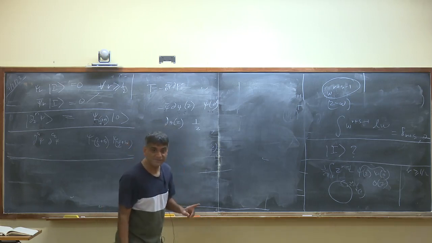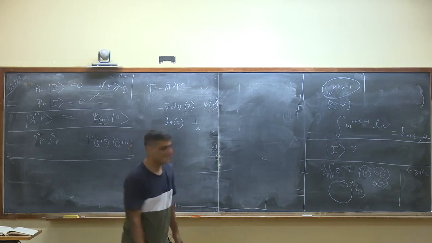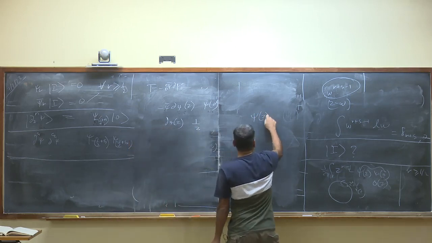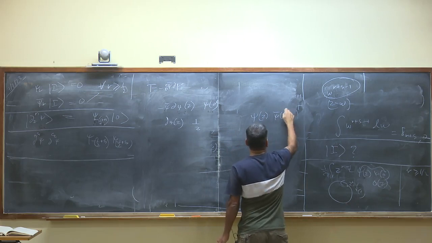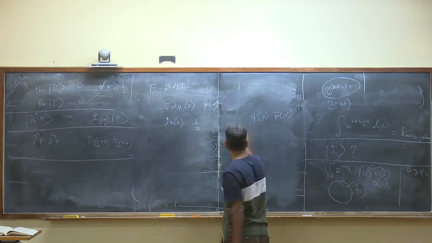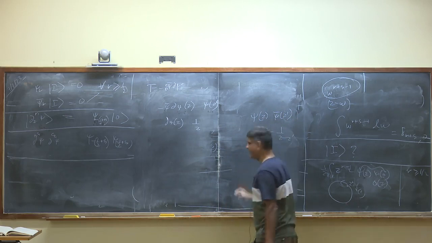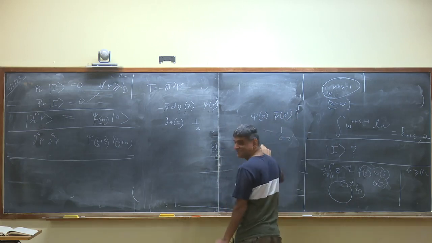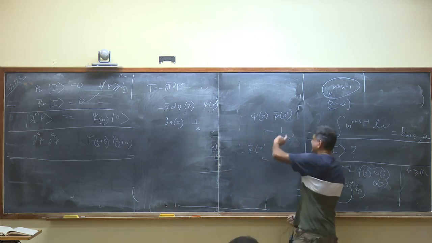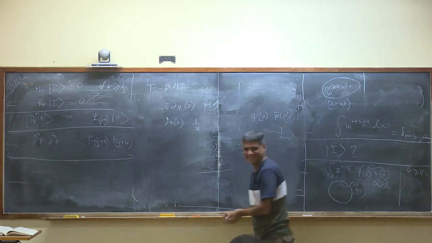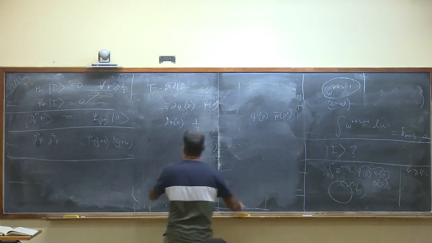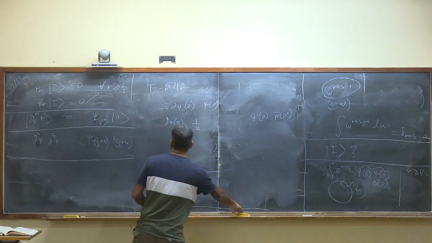You see? Look at this. Psi of z, psi bar of z prime is equal to 1 over z minus z prime. Therefore, psi bar of z prime, you see, this is negative. It flips.